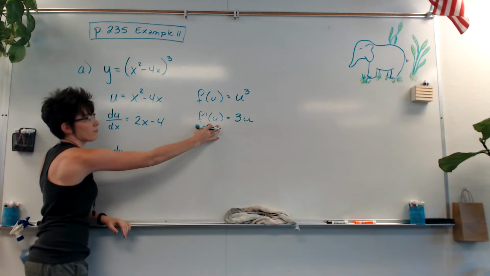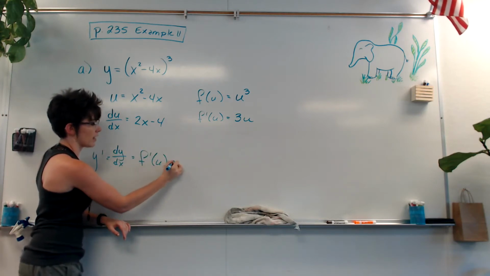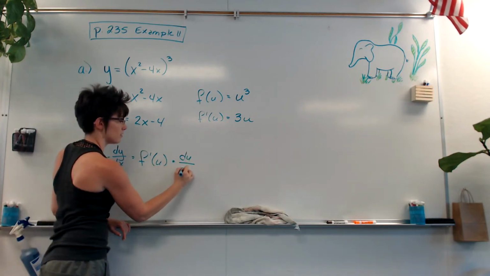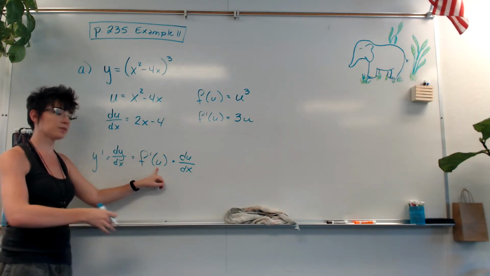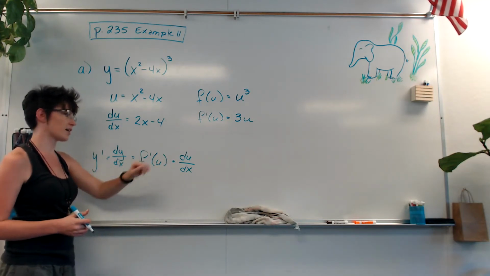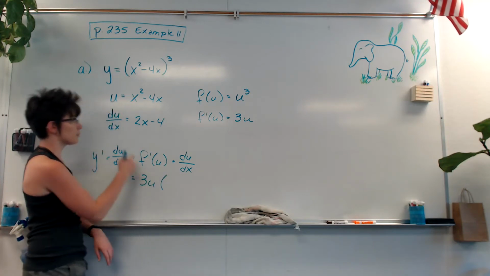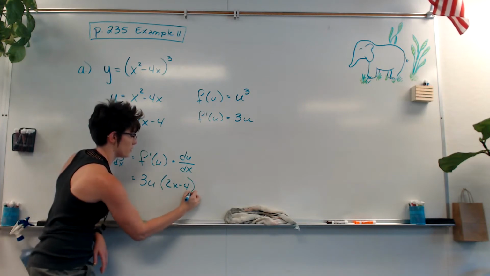So it's going to be f prime of u times du dx. So we're looking at a derivative with respect to u times the derivative of u with respect to x. And this looks just like 3u squared times this guy, 2x minus 4.